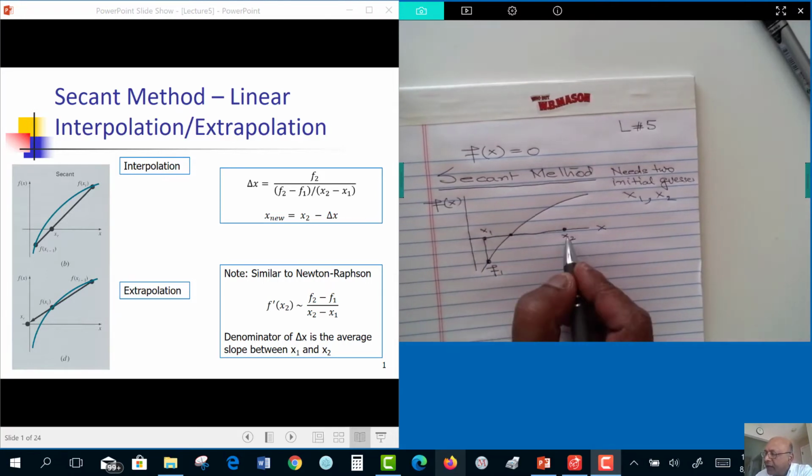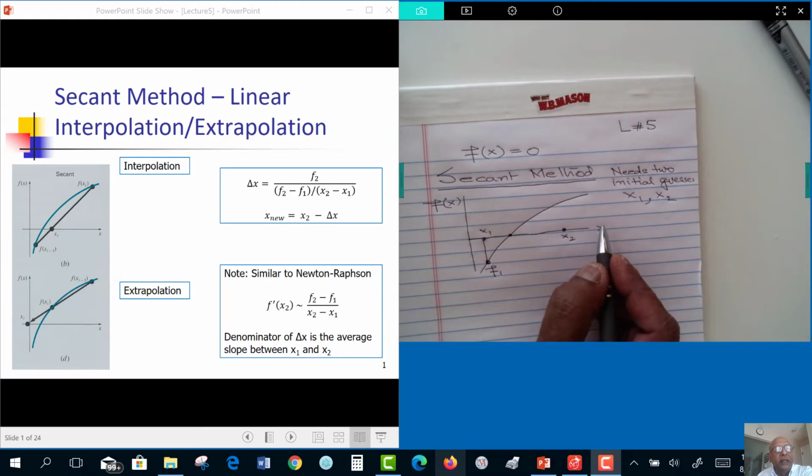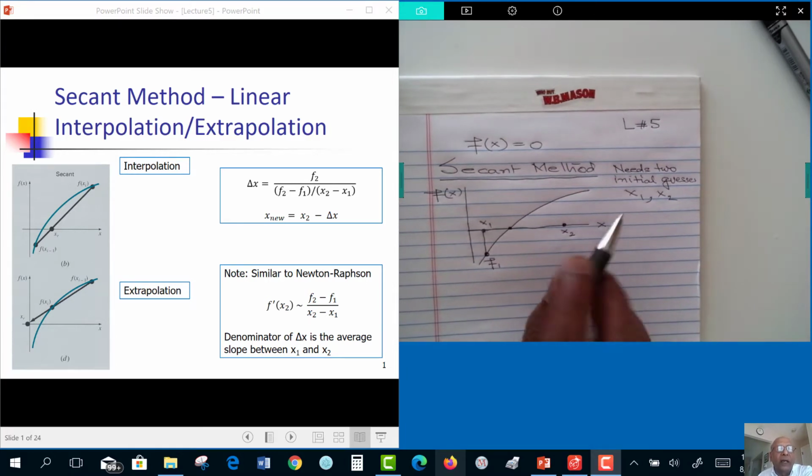Now we don't need to bracket the root. Both the points could be on one side, like you see in this particular example where we can do extrapolation. But the one I'm drawing on the pad is this particular diagram.